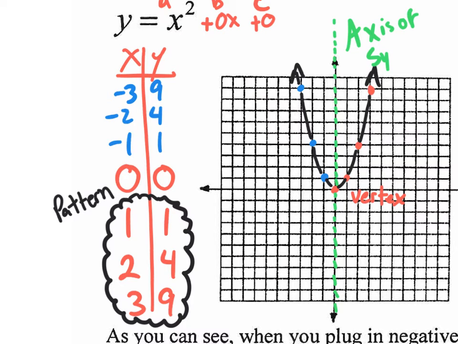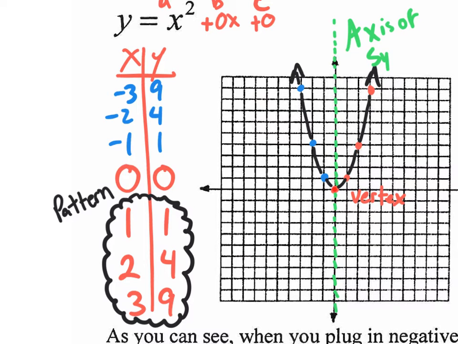Because anytime you see an equation that has the a value of 1, or negative 1 for that matter, you'll know that once you find the vertex, now right here the vertex is 0, 0, so that's pretty easy, from the vertex you're going to go 1 over 1 up, and then you go back to the vertex and you go 2 over 4 up.